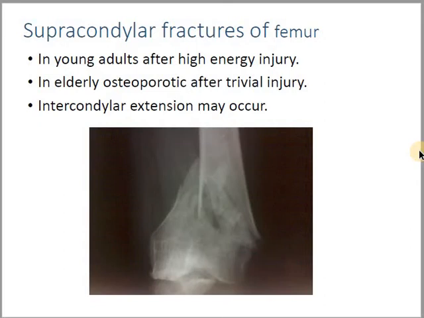And the difference between young people and older people is that in young people and adults, it's a big force, which might cause big stripping of soft tissues, big damage to the muscles, and may be associated with neurovascular injuries or other injuries, abdomen, chest, head, and we need to look after the ABC.